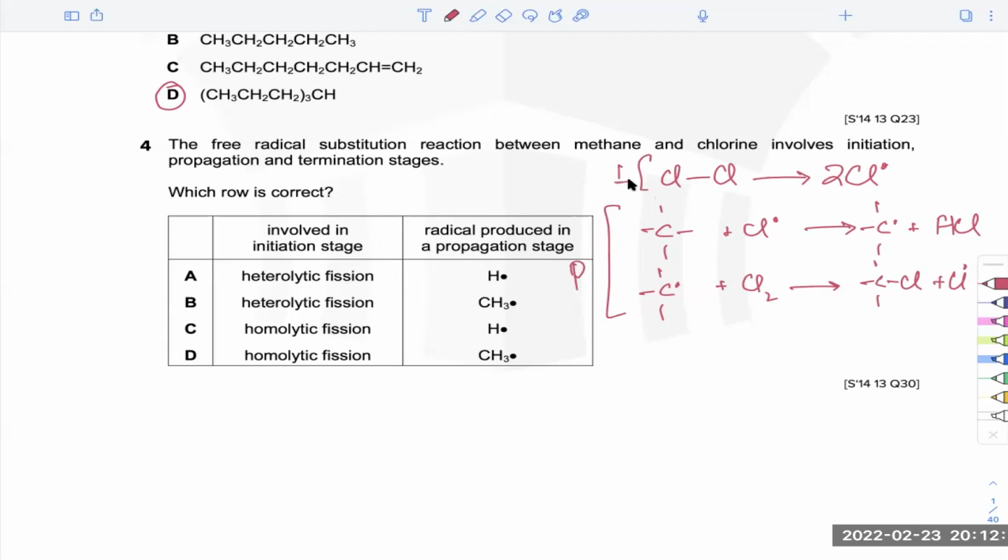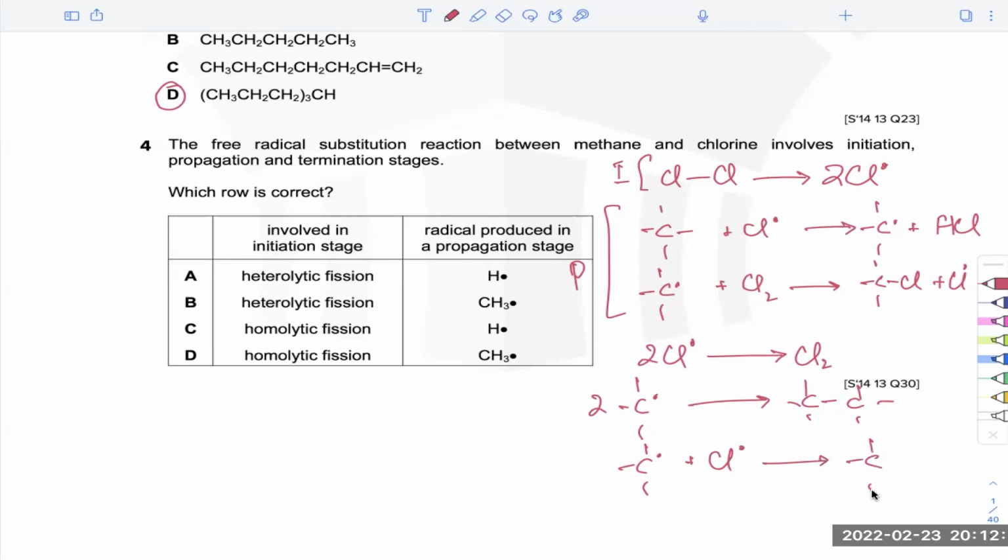This is initiation, that's propagation. And lastly, if any two radicals react together, that is termination. So chlorine radicals combining to make chlorine, or methyl radicals combining to make ethane, or a methyl radical combining with a chlorine radical to make chloromethane, that is termination. Through some few steps, you can get multiple other products.